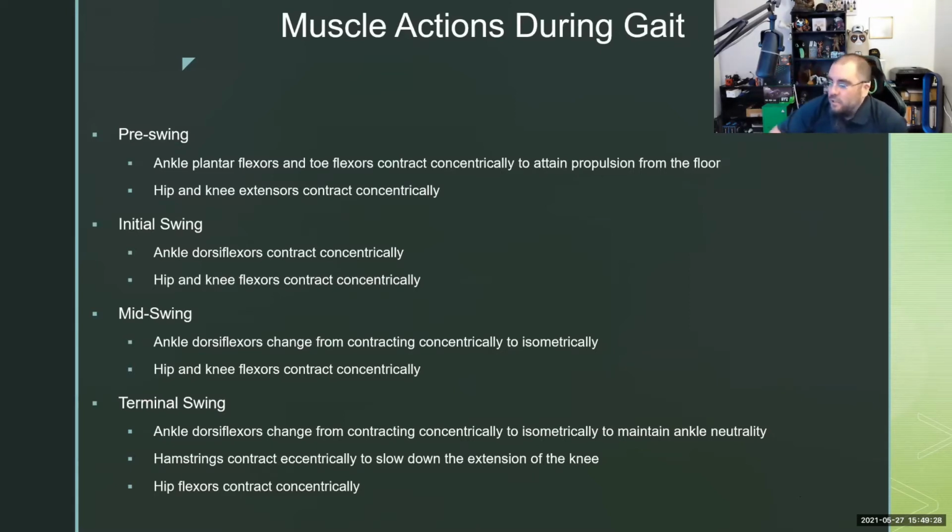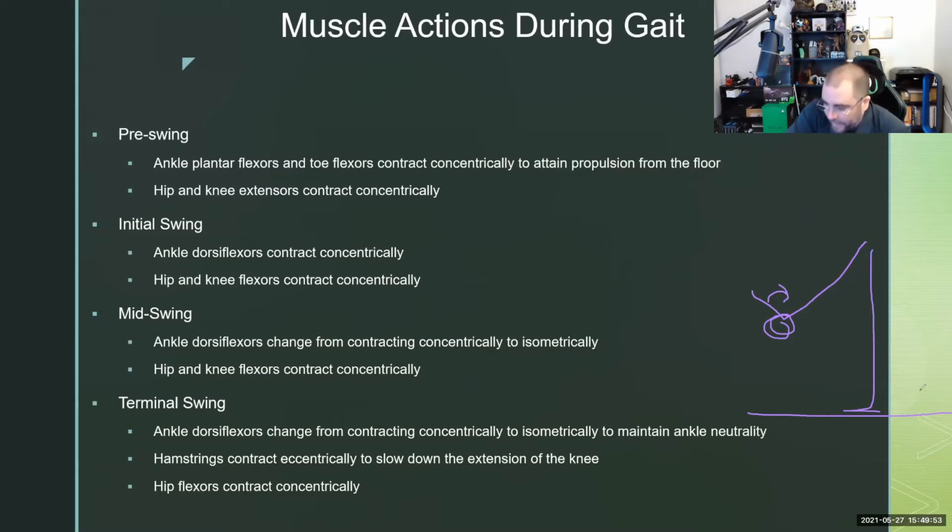I am going to test you more on if you were in terminal swing, where your leg's kind of up off the floor. So here's one leg. This leg's on the floor. So here's my floor. You're in terminal swing, so you're getting ready to put that heel down. What position should the foot be in order for the heel to strike down? Should it be in dorsiflexion or plantar flexion?